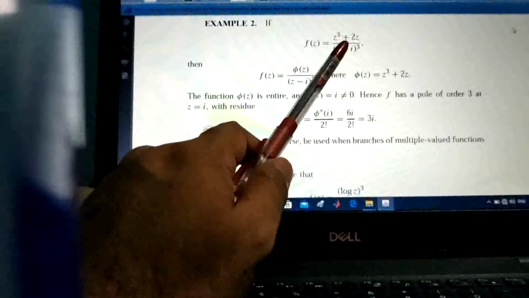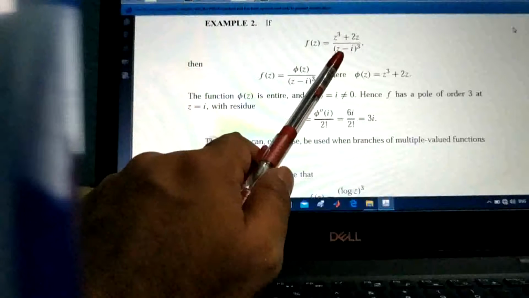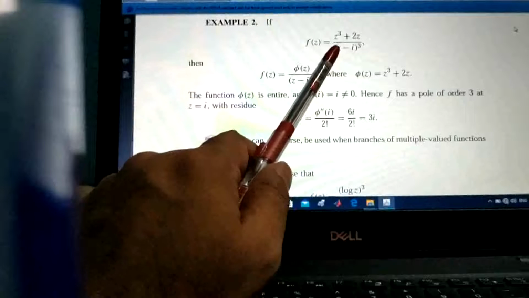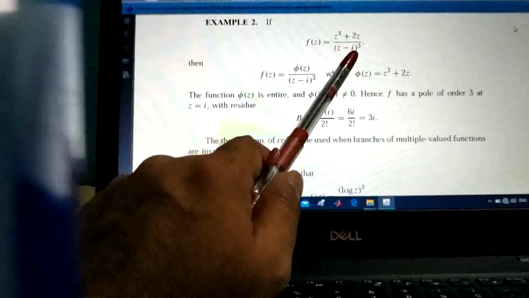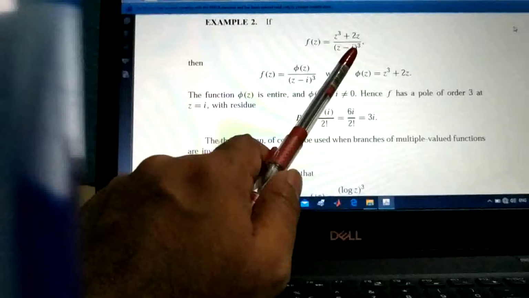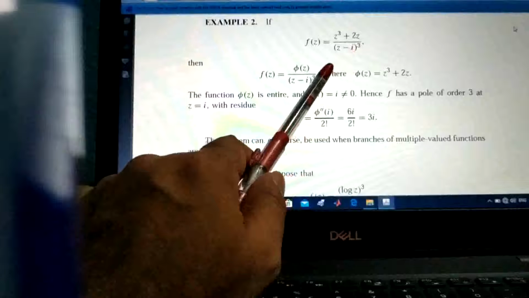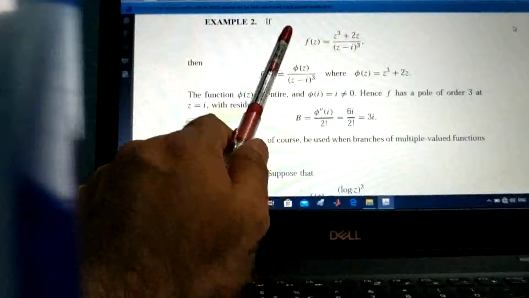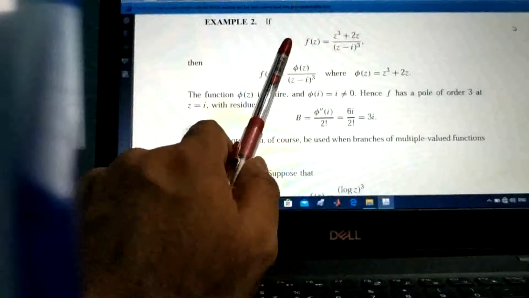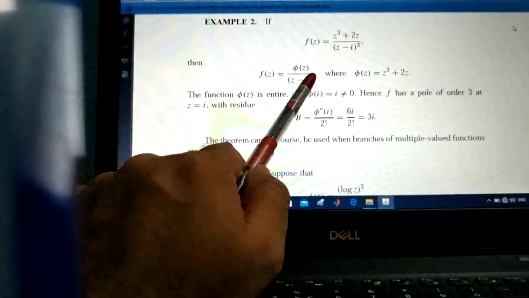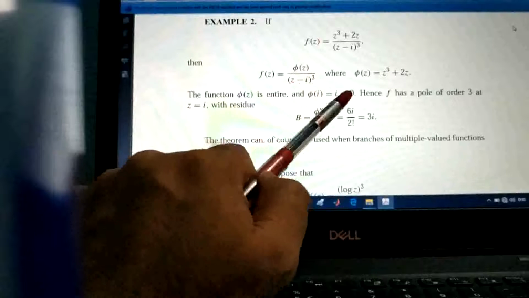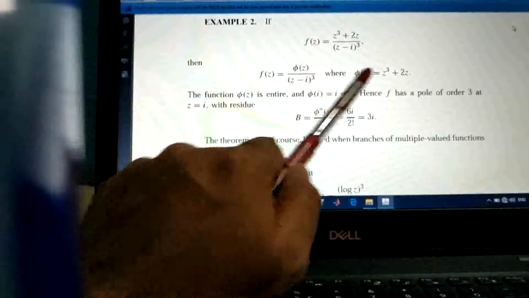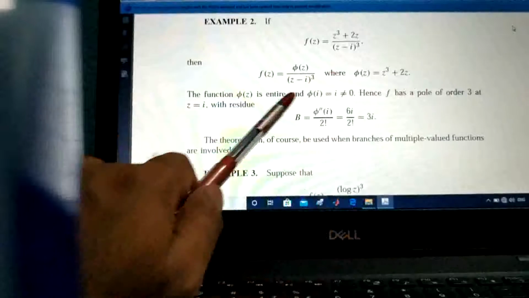It is therefore a singular point first of all, and it is an isolated singular point also because in a deleted neighborhood of i, f of z is completely analytic. So z equals i is an isolated singularity, and due to the power 3 here, it will be a pole of order 3.